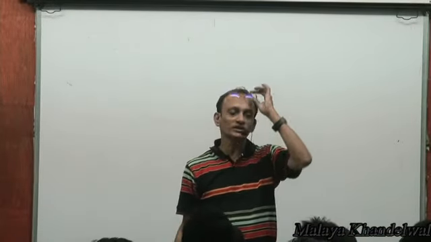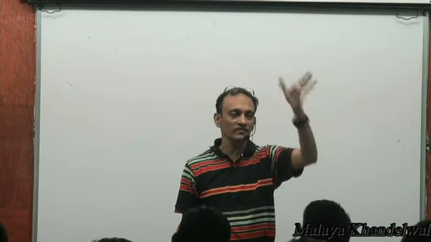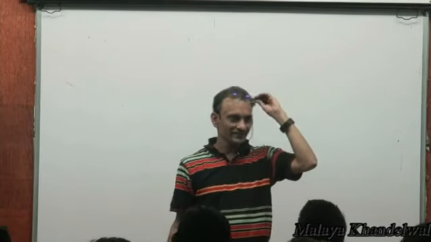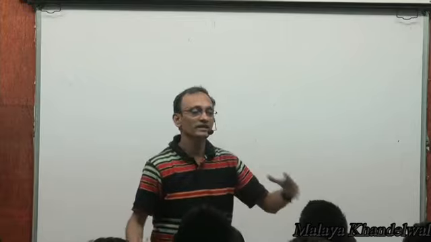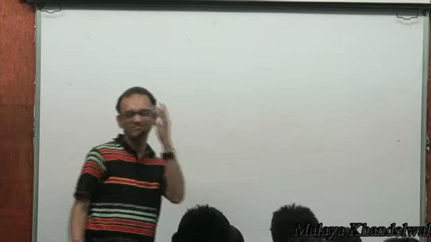That will ensure all the time that kx is in the neighborhood of x equal to 0. If k was a very large number, kx could go way beyond, right? Even when x is small, kx could be very large and may not really be in the neighborhood of x equal to 0.